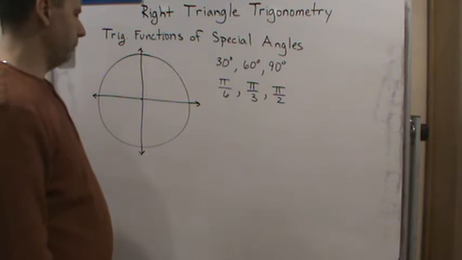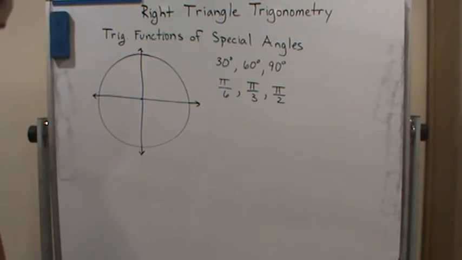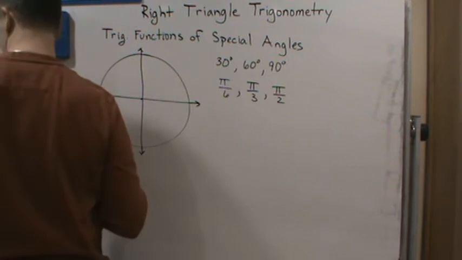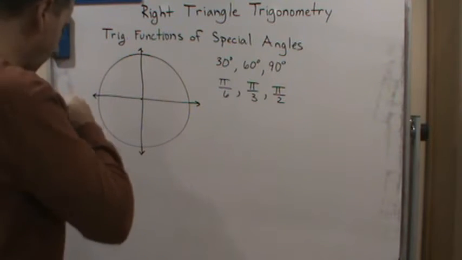Okay, so now when you're dealing with the unit circle or the circle itself, the relationship depends on the side lengths.